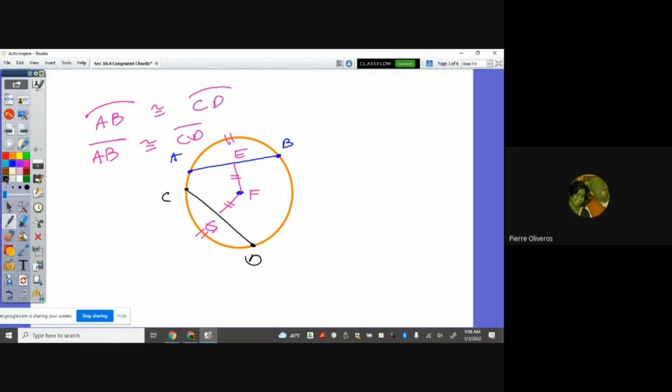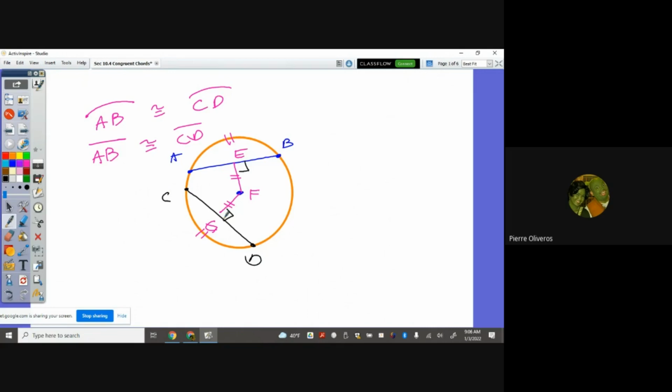And that will happen if this is a 90-degree angle, because the shortest distance from a point to any line is the one that's perpendicular to it.